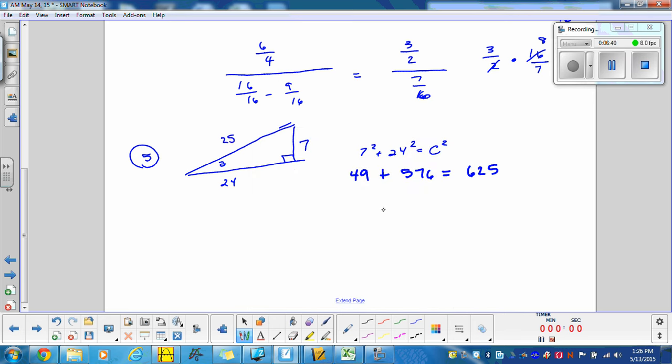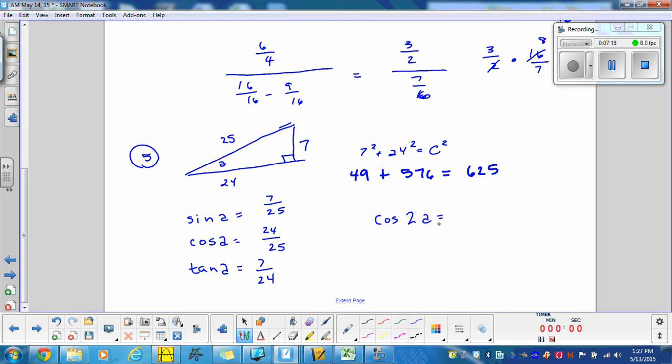So now we know that the sine of alpha is opposite over hypotenuse, 7/25. And the cosine of alpha is adjacent over hypotenuse, 24/25. And the tangent of alpha is opposite over adjacent, 7/24. And in question number 5, they ask us to find the cosine of 2 alpha.